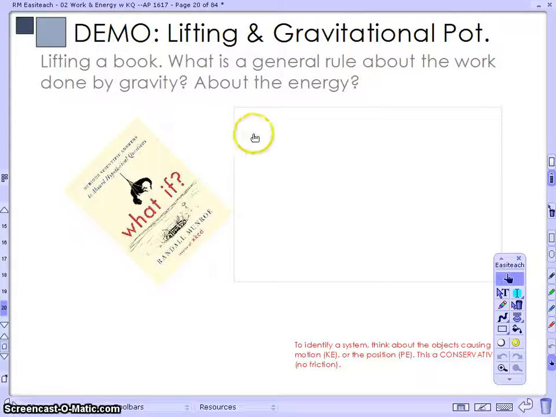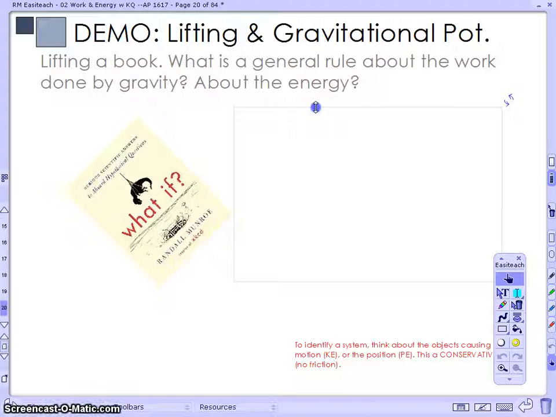That person did positive work. I'll say that again. The force exerted by the person and the direction of the displacement are parallel and in the same direction, so that person did positive work. That means they gave it energy. They imparted positive energy. They didn't take energy away from the object. They gave the book energy.